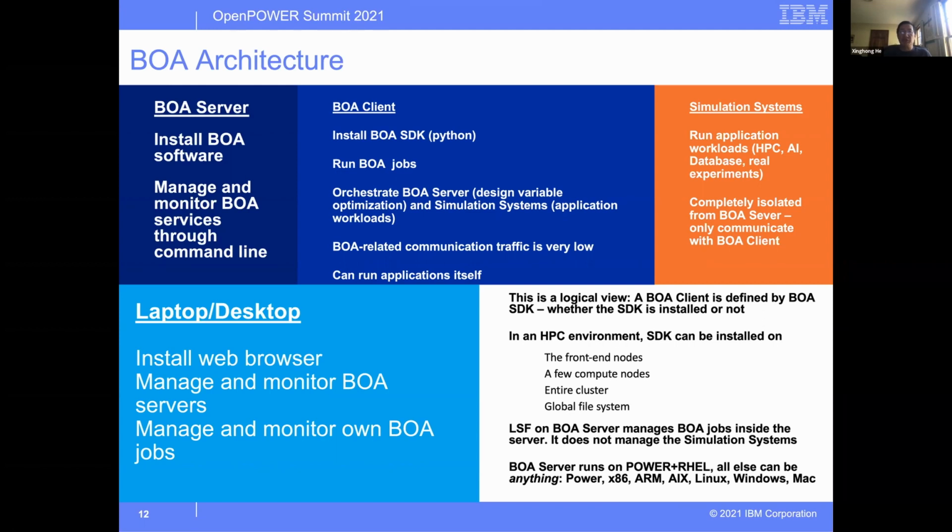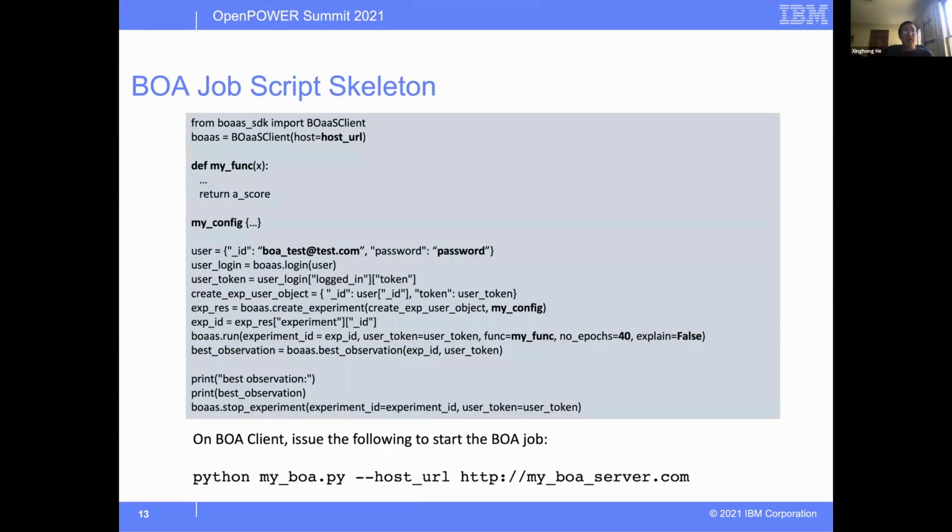So you can install the SDK on your laptop as well, making it a BOA client. The simplest case for people to try BOA is to install the SDK on the laptop and then access BOA services outside. So that's the architectural structure.